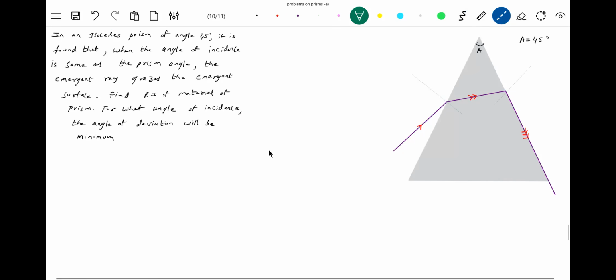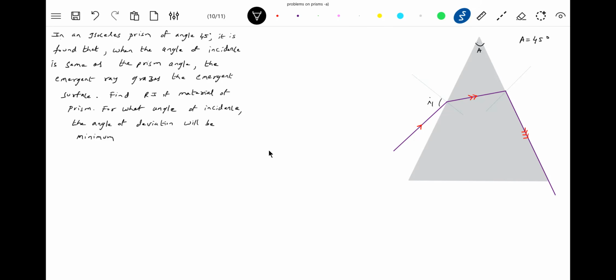Let me draw this. This is a normal here. So we have I1, R1, R2.